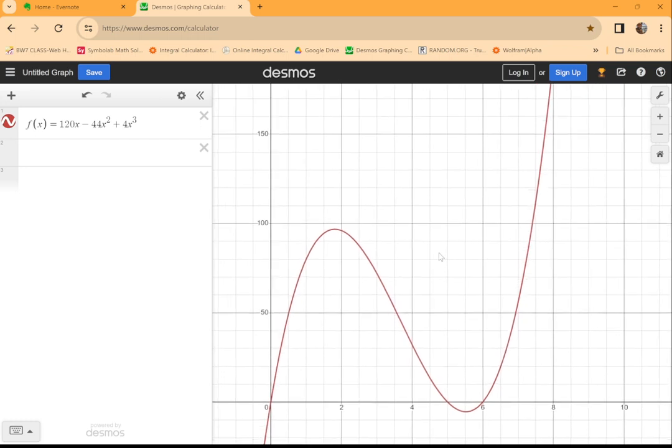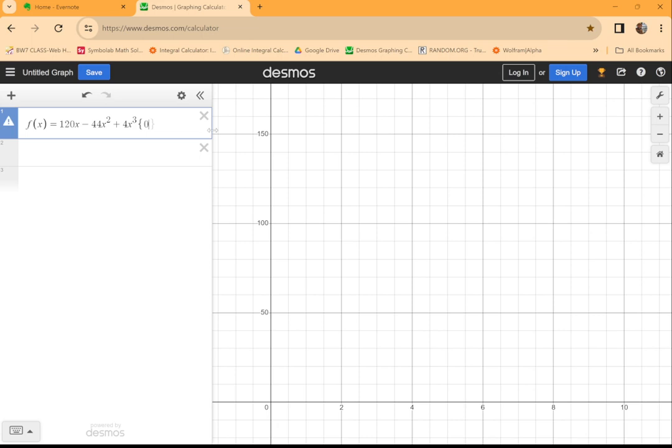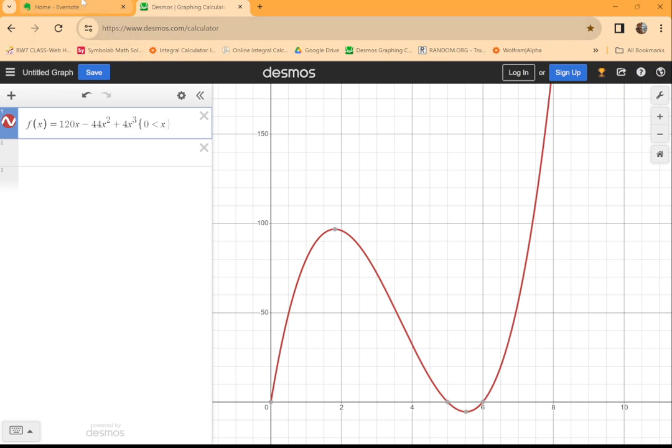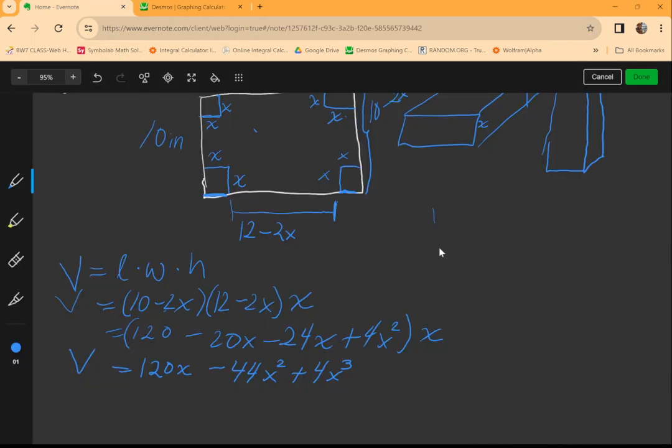Okay, so what we see here, remember, let's put some restrictions on our function f of x, because it doesn't make sense to take into account all numbers. First of all, we can't cut out a negative length, so there's definitely a lower bound. So x needs to be bigger than 0, and there's also an upper bound here, right? Because if you look here, there's only so much I can cut out.